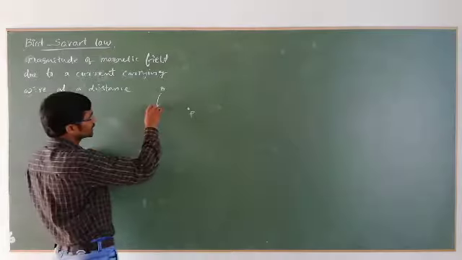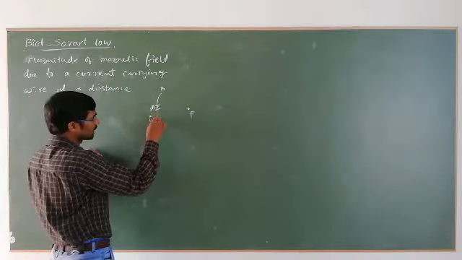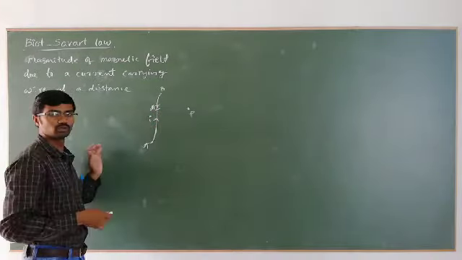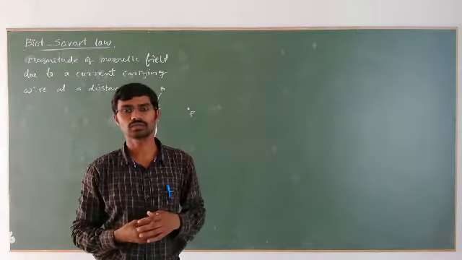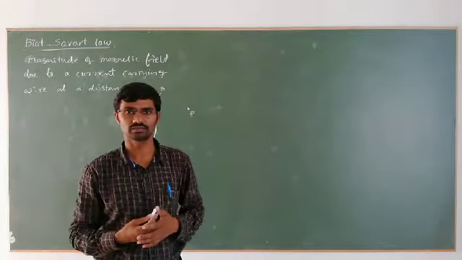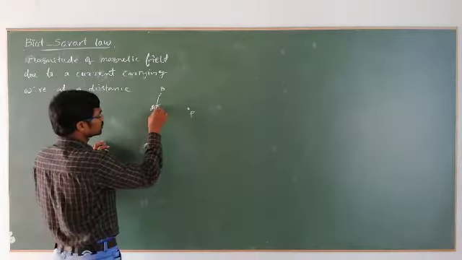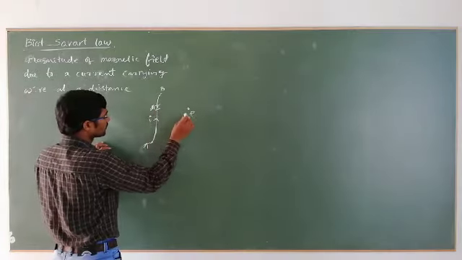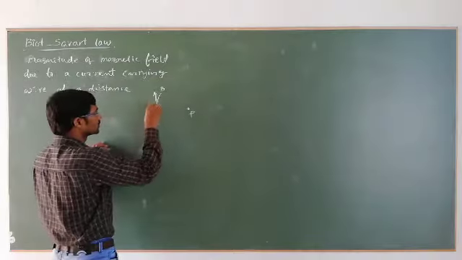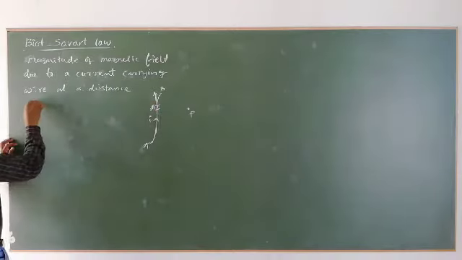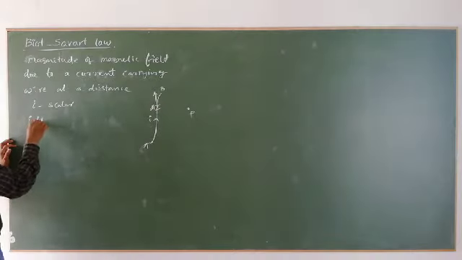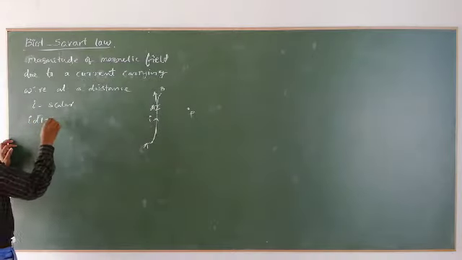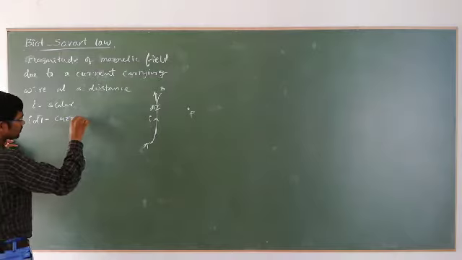And what would be the direction of the magnetic field? We can find it by using Ampere's right hand rule. Current is a scalar, but the current element I dl vector, which is called the current element, is a vector.